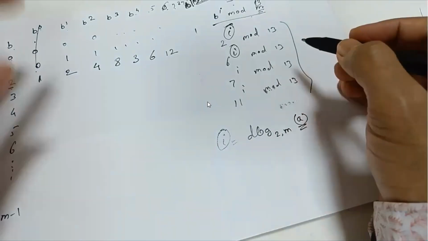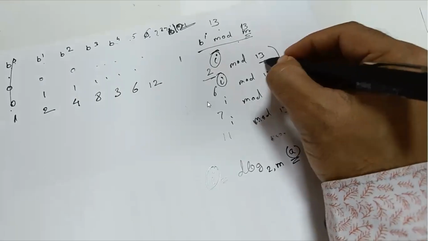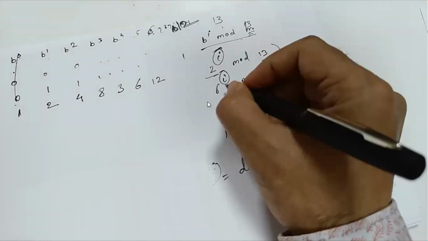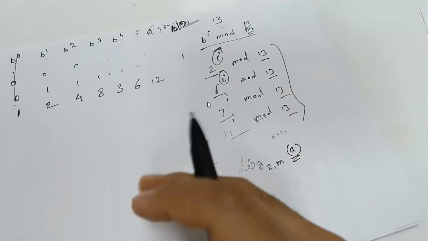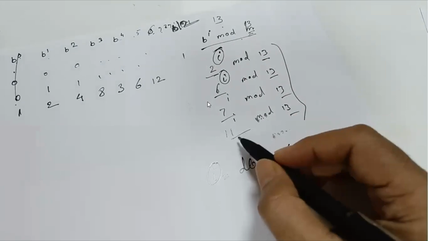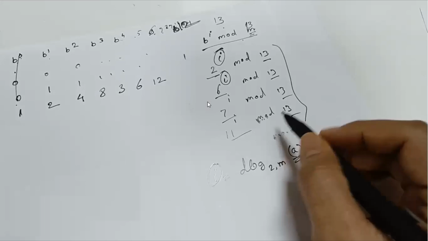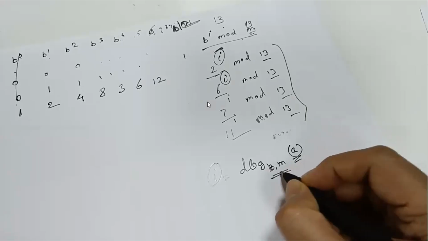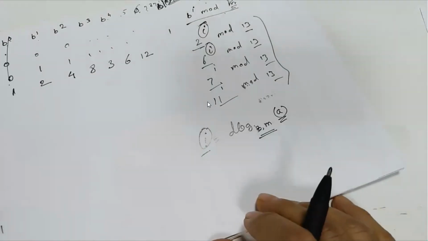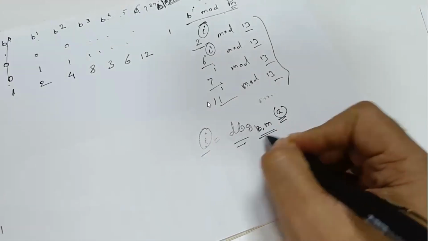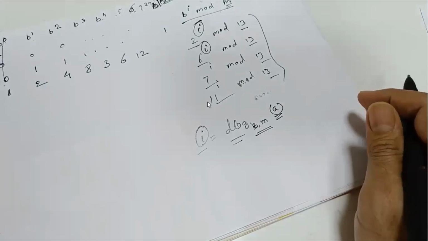So 2 and 13 are primitive roots of each other, 6 and 13, 7 and 13, 11 and 13 as well. If B and M satisfy this, then and only then i will be unique, and then you can find out the discrete log of the whole value. This is the condition here, right?